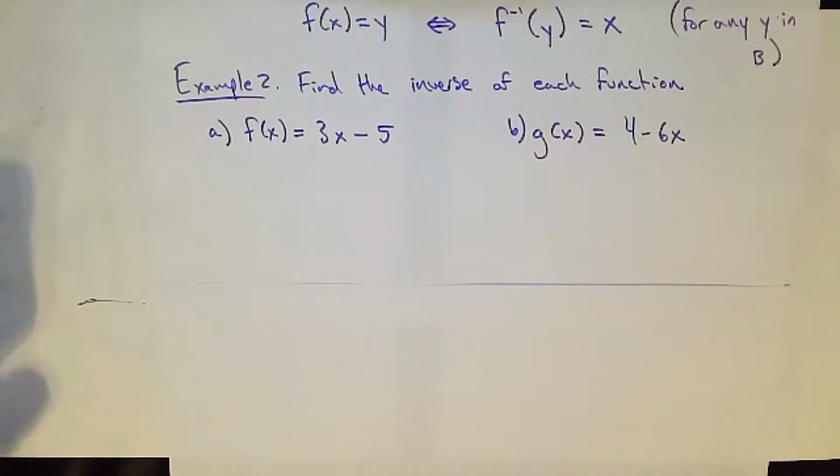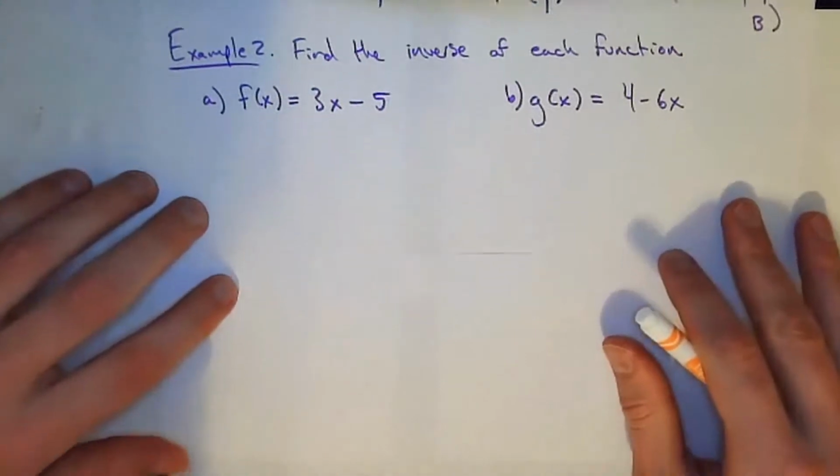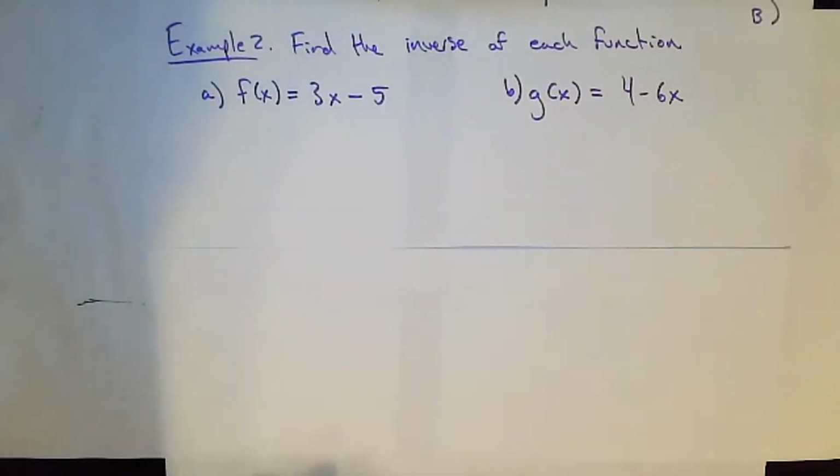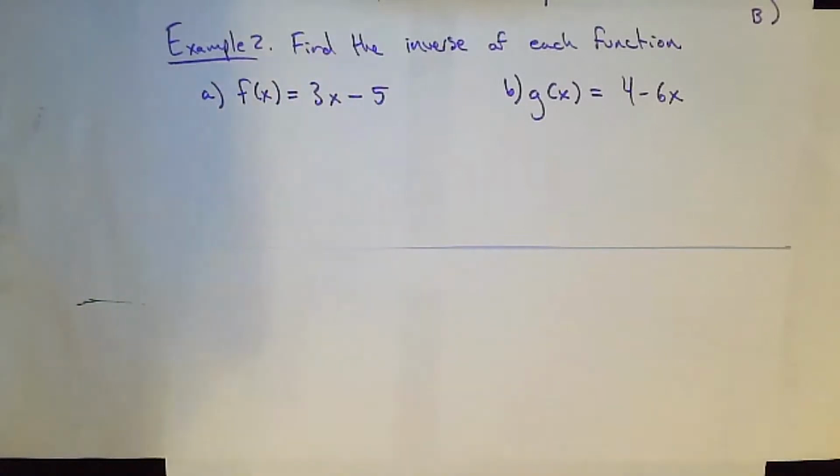How do we find the inverse function? I've already done this in words. I've said you need to identify what's happening to x, and undo it, right? So I see a times 3 minus 5, but let's walk through this in more detail. Can we write down more details about that process?